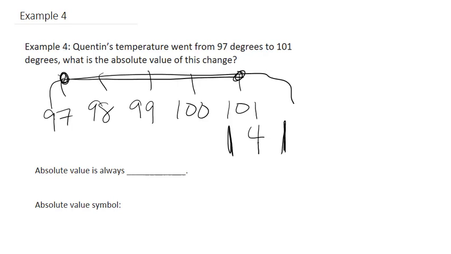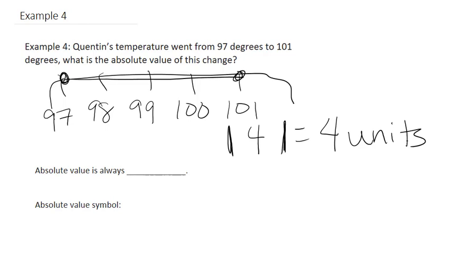Then, looking at the number line, we would say that Quentin's temperature also changed by an absolute value of 4 degrees, or 4 units.